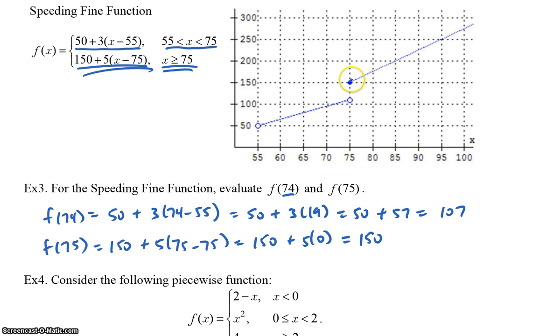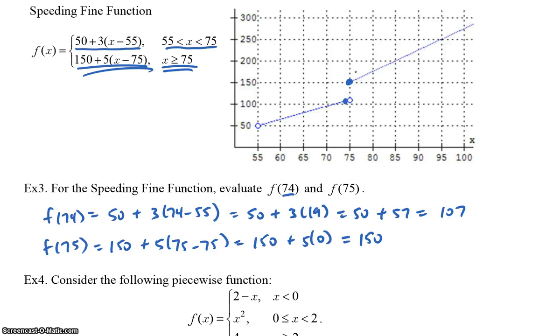that's just this point we have right here on the graph. I'll just kind of darken that in a little bit. That's the point we just found. What about (74, 107)? Well, that would be about right here, just before we get to that open point. And when we evaluate f of 74 and f of 75, we can see this big jump that occurs at 75.